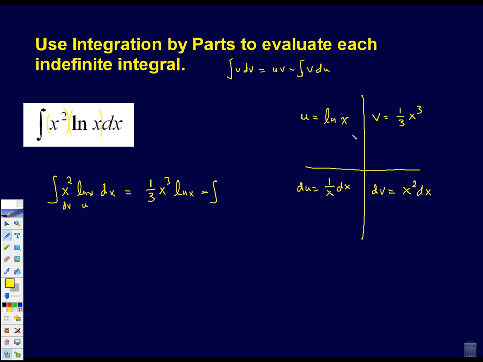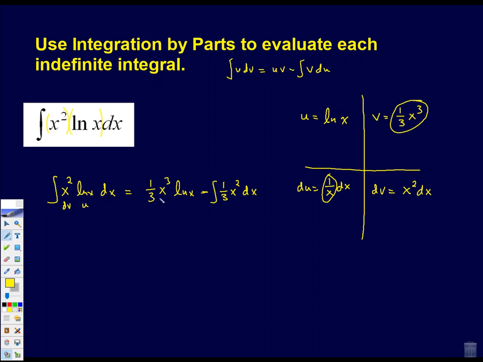This time the integrand is v times du. I would prefer just to multiply that on the side and just put the simplest answer here. I would encourage you to think about what do you get when you multiply 1/3 x cubed times 1 over x before I write it in there. So I noticed that x to the third times 1 over x would result in x squared. So what I really have is 1/3 x squared as my integral.